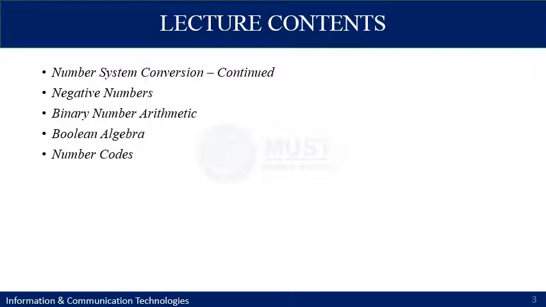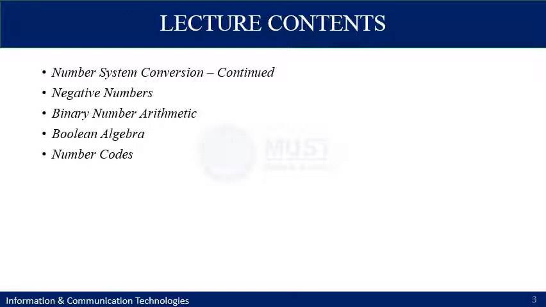So in this lecture we will augment our discussion about numbers, and we will incorporate the representation of negative numbers. After the representation of negative numbers, we will perform some calculations or basic arithmetic operations on these binary numbers.